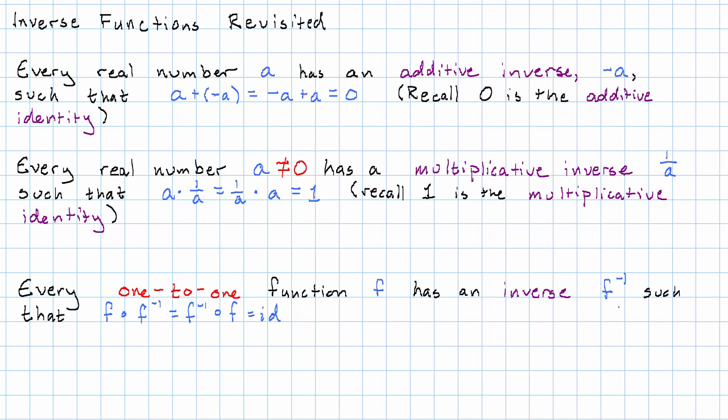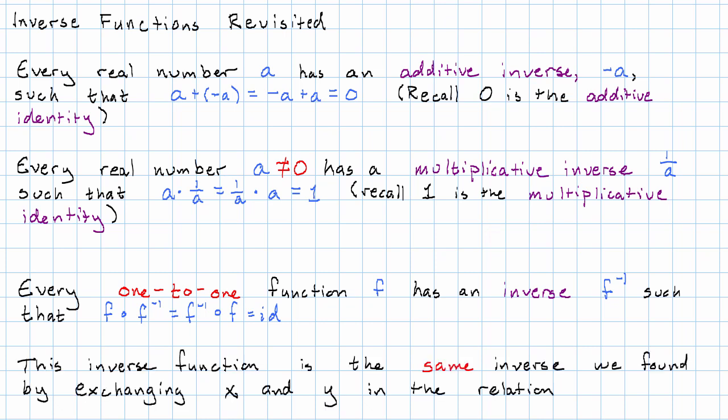And this inverse function is the same inverse function that we came up with by exchanging the x and the y in the relation. So this is not some new notion of an inverse function. This is just another way of looking at the inverse function, and a way of understanding the inverse function relative to this operation of composition.